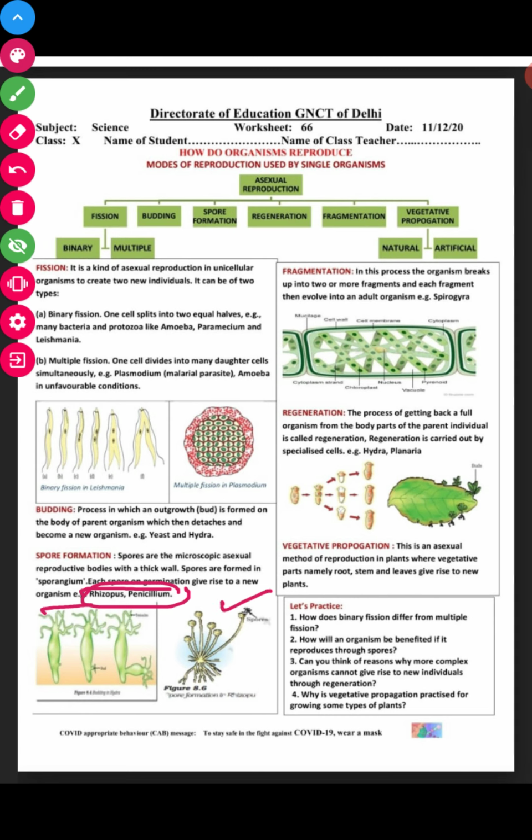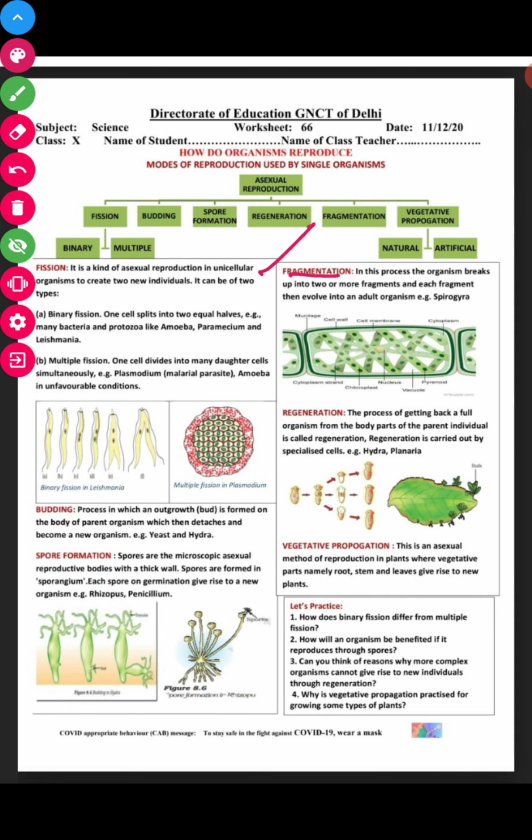Usually they are not in an active form, but whenever they get suitable conditions, they start germinating and give rise to a new organism.